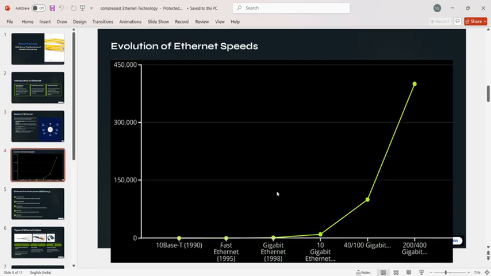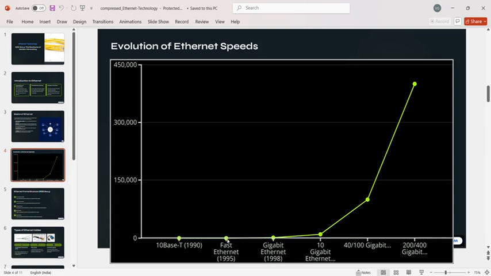Then this is the evolution of Ethernet speed. When it was first established in 1970, it was a simple 10 Mbps Ethernet. Then it was upgraded to Fast Ethernet in 1995, and in 1998 it was upgraded to 1 gigabit Ethernet.